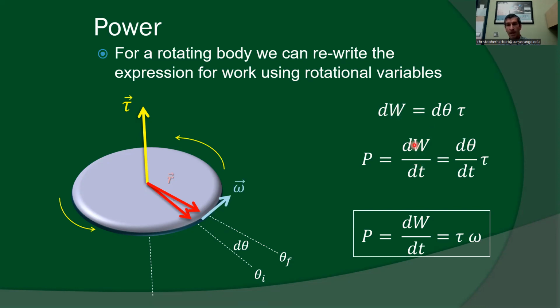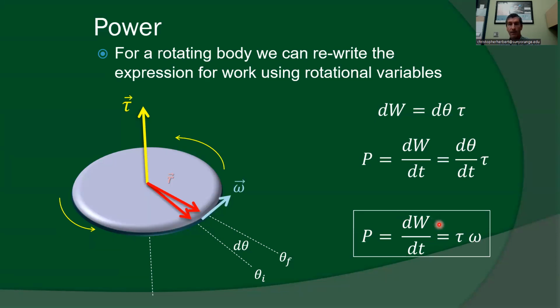If I'm taking this right here and replacing this for a constant tau, okay, let's say that our torque doesn't change during this process, I can then say that it's d theta dt. We recognize d theta dt is omega.